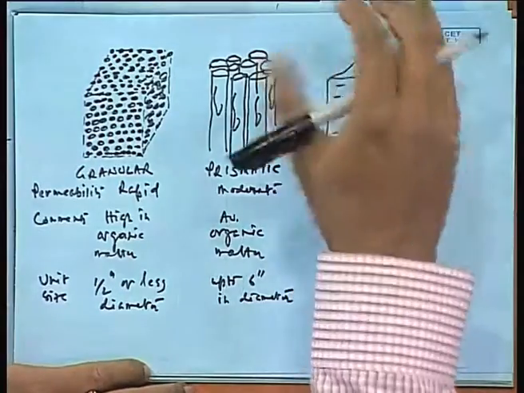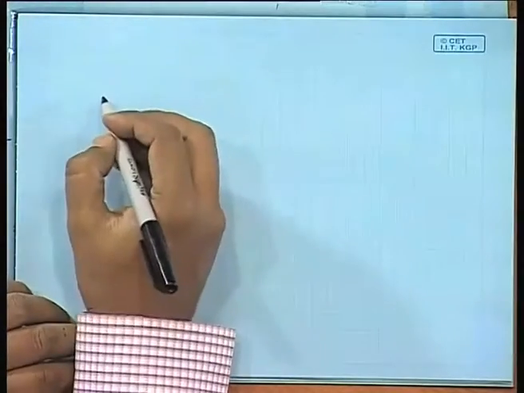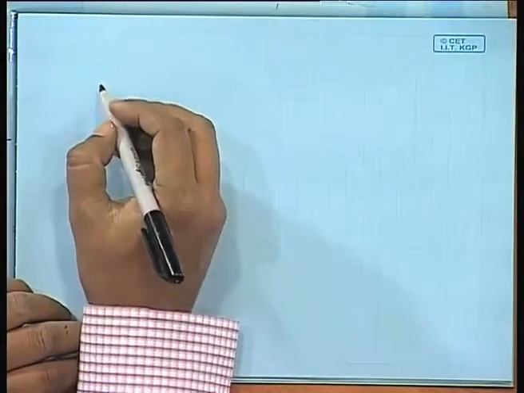So this is what the typical structures are that we generally observe in the soil. There are a few more, which is the blocky one.